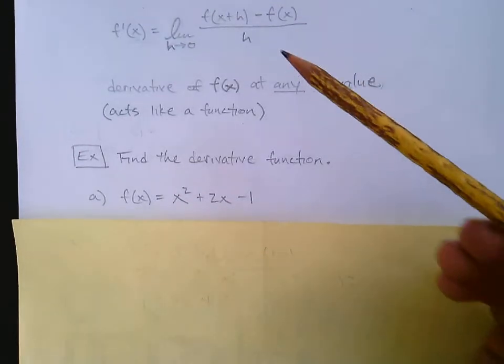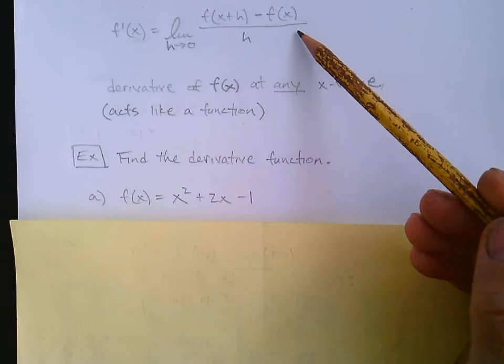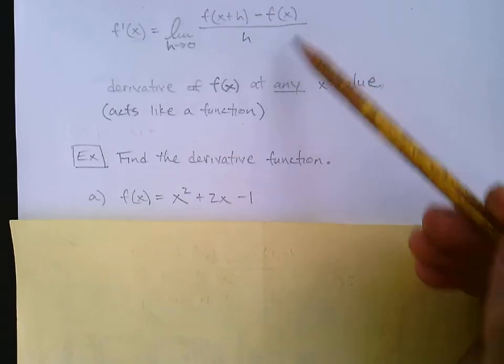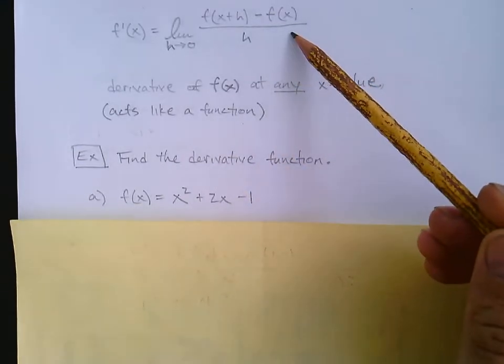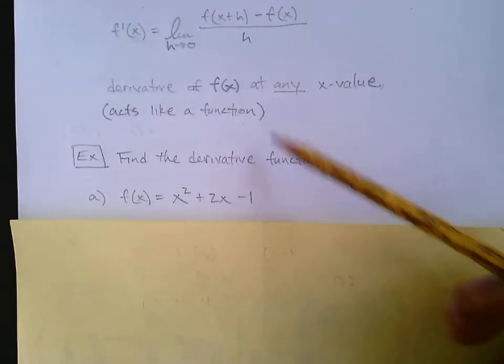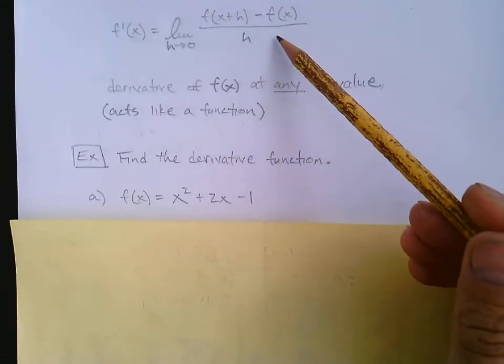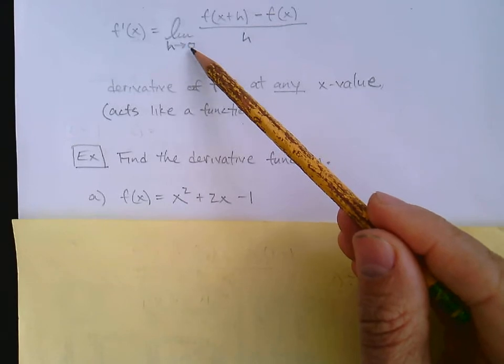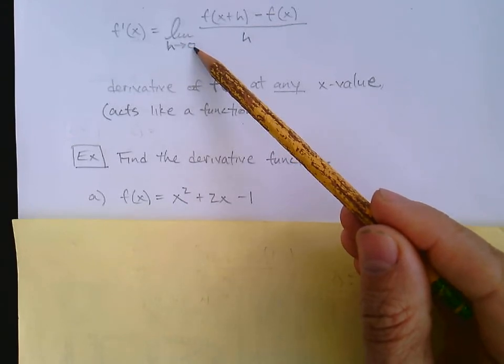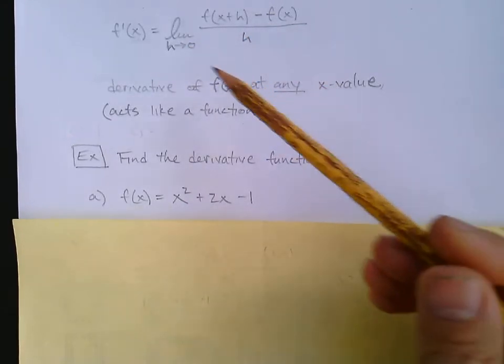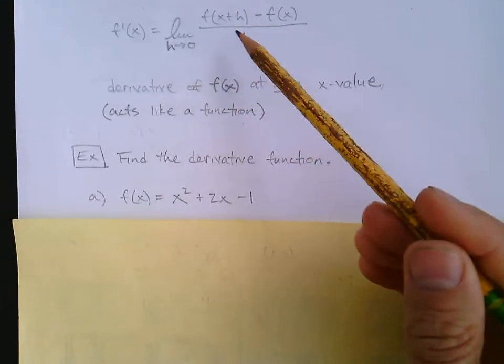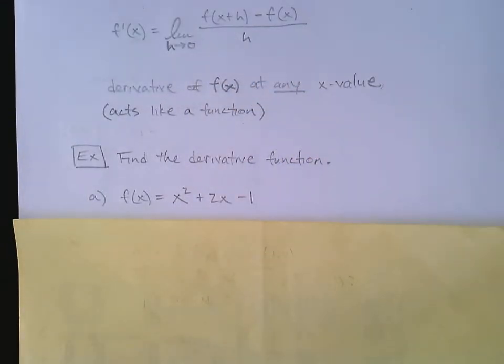Okay, well, we need to set up the difference quotient. We then need to simplify the difference quotient for this function. And then once we have that simplified, our last step will be to perform that limit as h approaches 0, which of course is going to be as simple as just plugging 0 in once we have it all simplified.